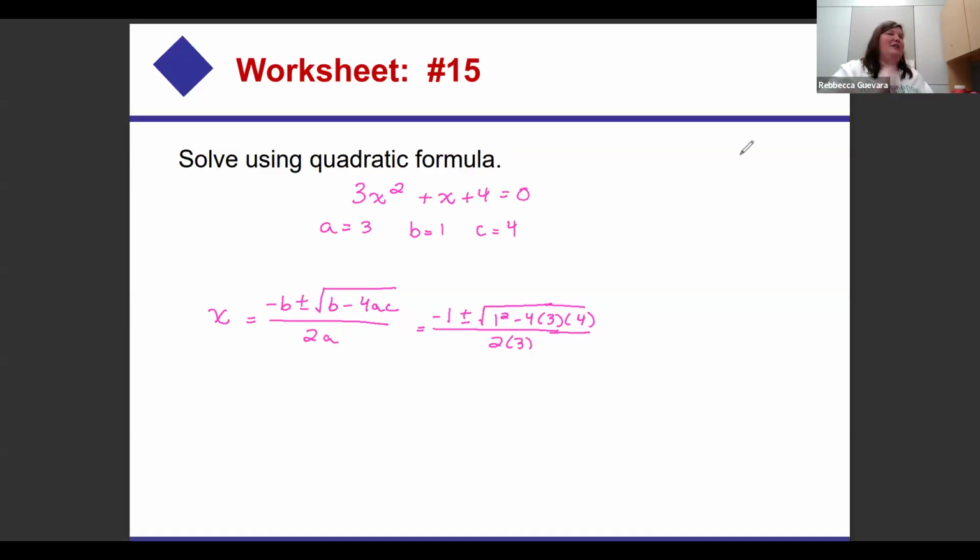Okay, so I've filled some of this out already. So if I filled out my quadratic formula, this is going to turn into 1, and then we have 4 times 4 times 3, or 4 times 3 times 4, however you want to say it. But the problem is it's going to stay negative. And then we're dividing by 6. So like I said, the problem is we're going to have a negative root again.